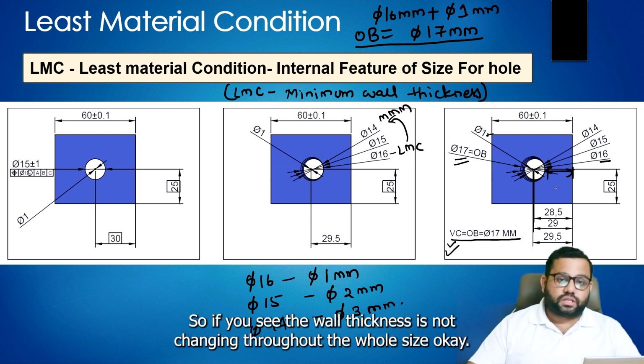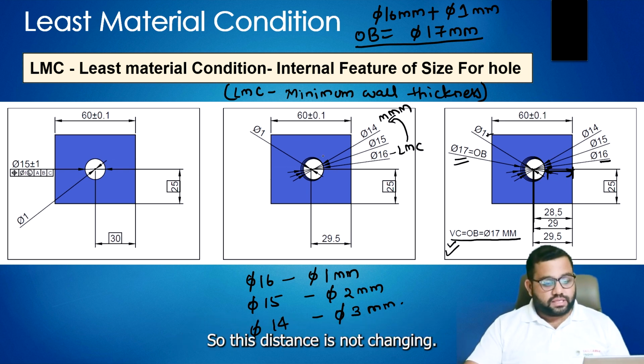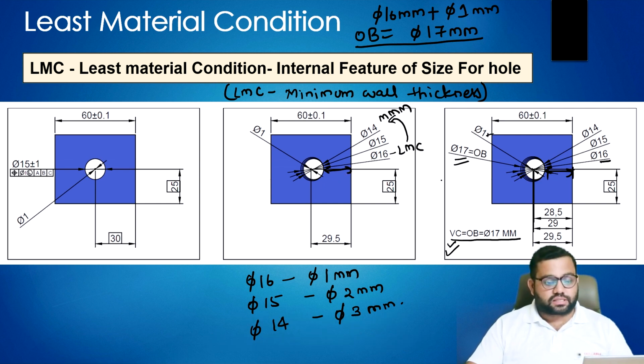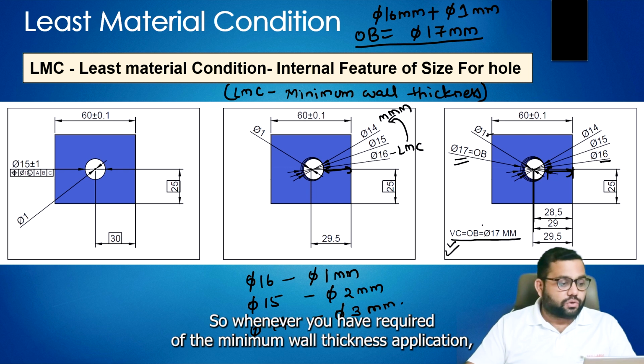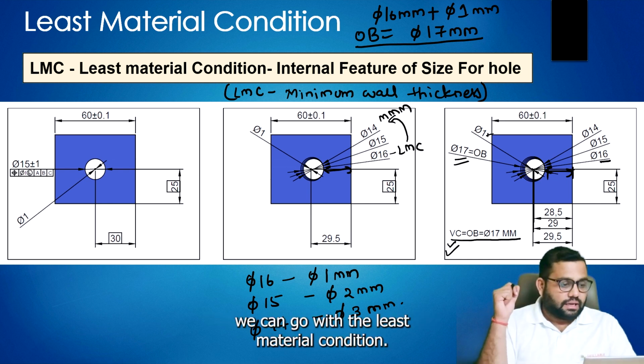If you see, the wall thickness is not changing throughout. You can see in this part that we are shifting, but still this distance, the minimum wall thickness, is not changing. So whenever you require a minimum wall thickness application, we can go with the least material condition.